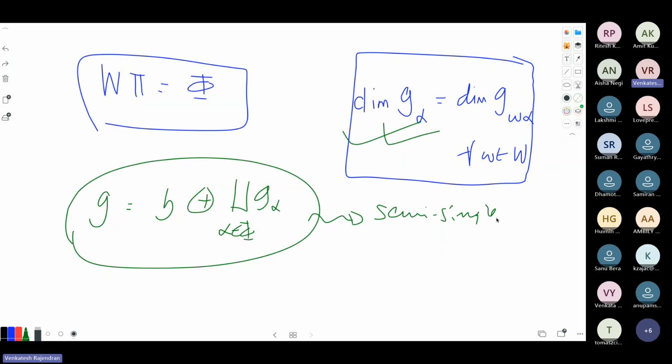If the root system is irreducible, then you end up getting a simple algebra. Once you establish all these things and know that the Lie algebra has this root space decomposition, it's a simple exercise that it is a semi-simple algebra. Okay, I will stop here.